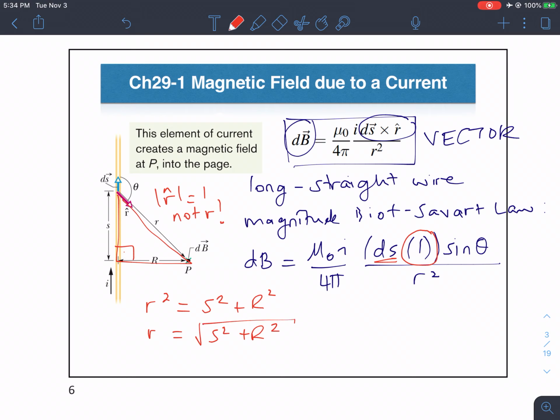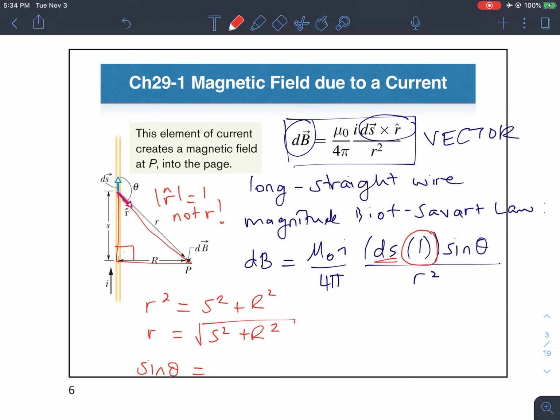Another geometry that we need is sine theta. Because theta is also changing when you take another ds element along the wire for this point P, let's write that in terms of s as well, so we can integrate over s.